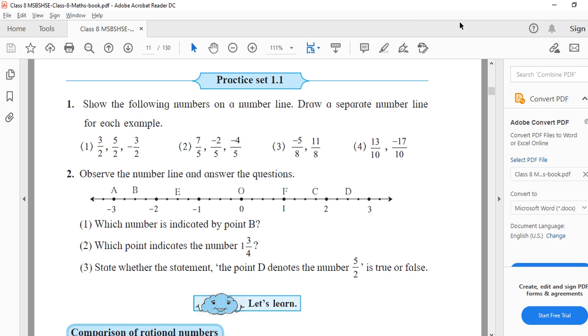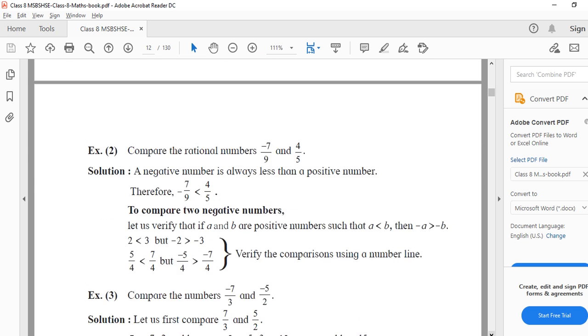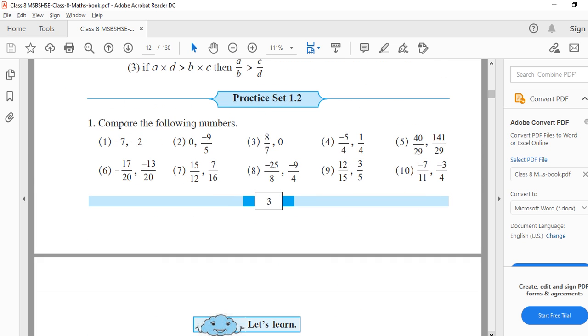You can click on that link and have a look at exercise 1.1. Then we covered exercise 1.2, which is basically comparison of two numbers. It can be a whole number, natural number, integer, or a fraction. So we also learned this yesterday.